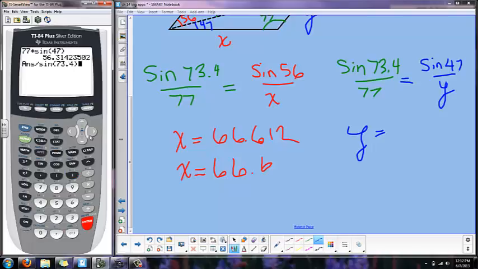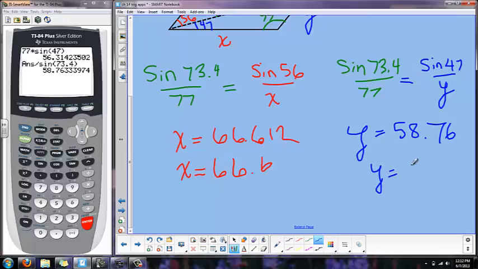Like I said, if you don't know where I'm getting these from, you can always write out the cross multiplication and then get the y by itself, and then you'll see why I'm doing what I'm doing. So y is 58.76, to the tenth is 58.8.